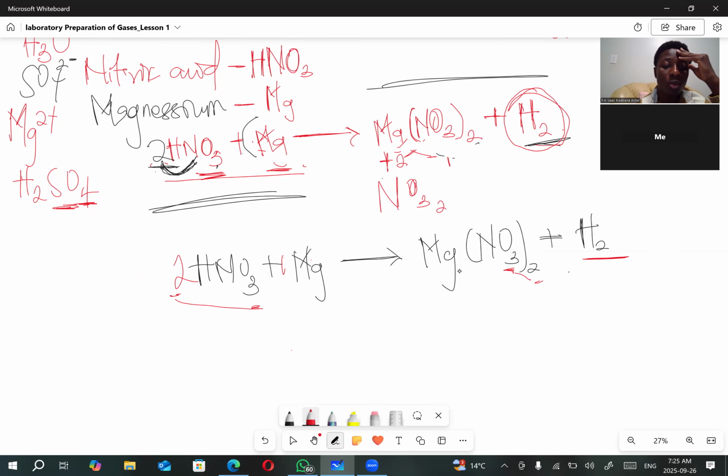So it's cool. Now, once hydrogen and oxygen are balanced, the rest becomes easier for you. Nitrogen here is 2, the 2 affected it. Nitrogen here is 2. You see, it's 1 inside, but 2 is outside the bracket, so it's 2.